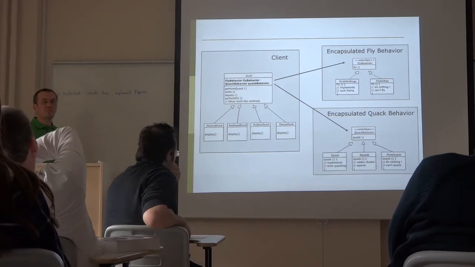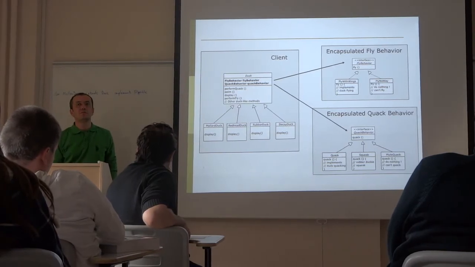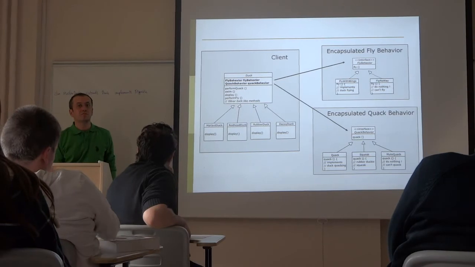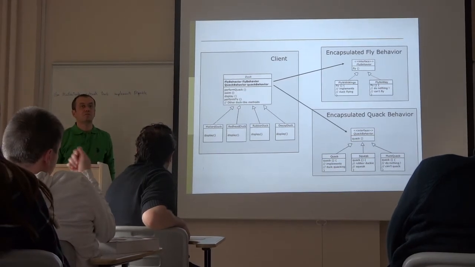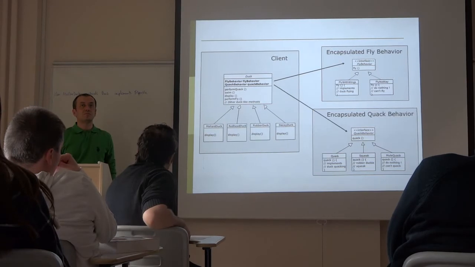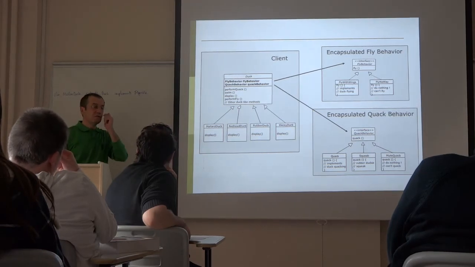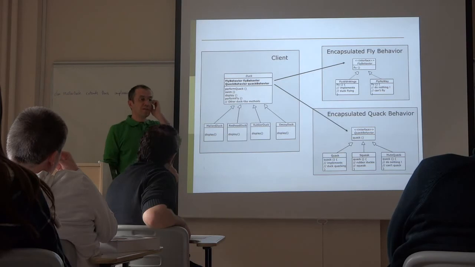For example, in Ruby or Python, we don't have interfaces, but we do have an abstract class. There is a slight difference, because then it would not enforce the implementation of the fly method. You would have to remember to override it each time. Yes, in this case. With the interface, you have to remember that you are implementing it.